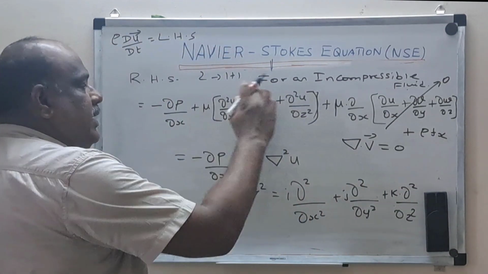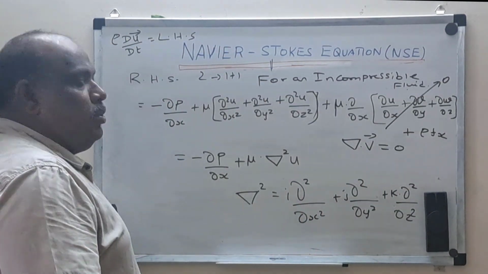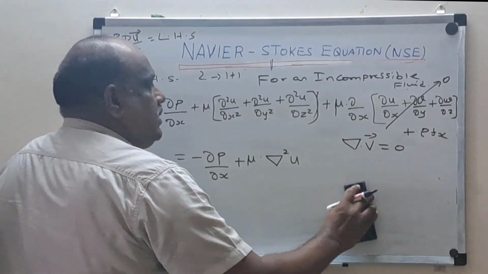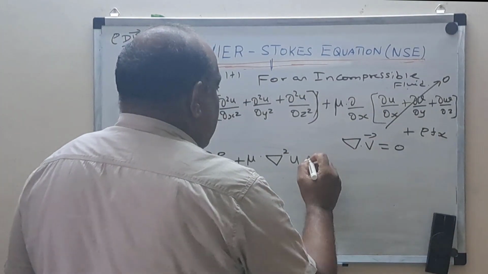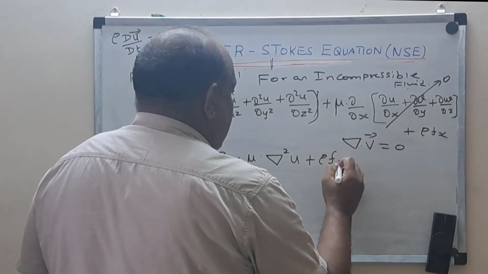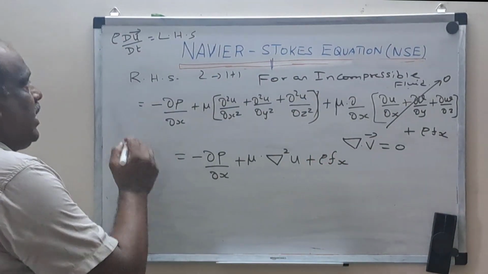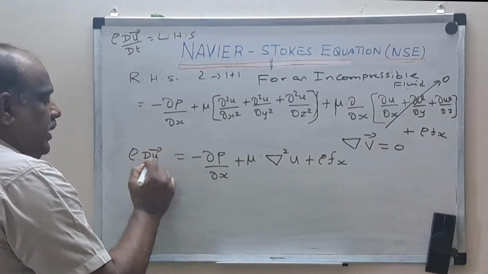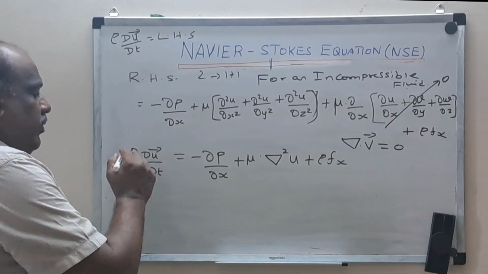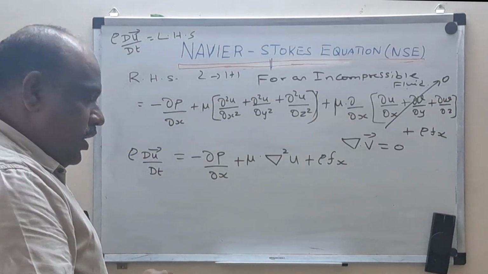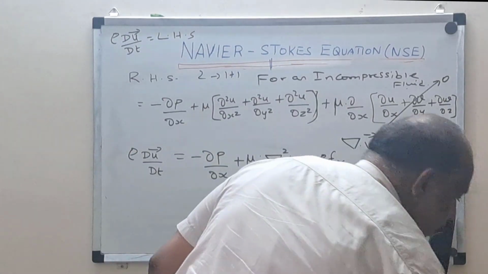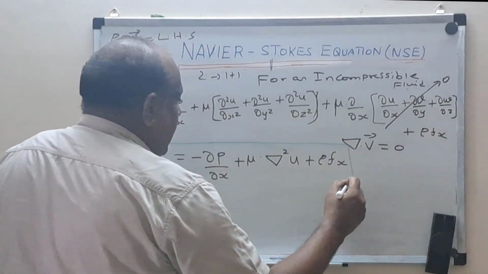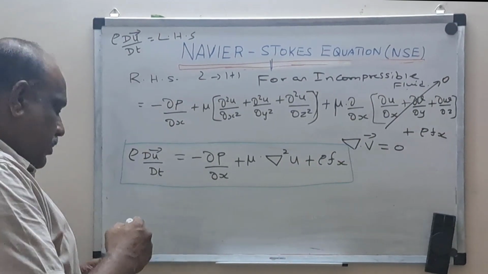So I can write this entire term as del squared of u. Okay, fine. Plus this term vanishes. Plus ρ into fx. What about the left hand side? The left hand side I will take from here, is nothing but ρ into du/dt. So we got the x momentum equation for the incompressible fluid. This is the x momentum equation for the incompressible fluid.